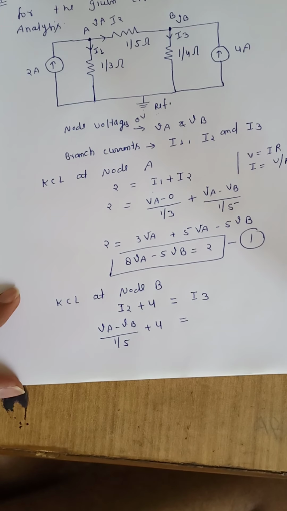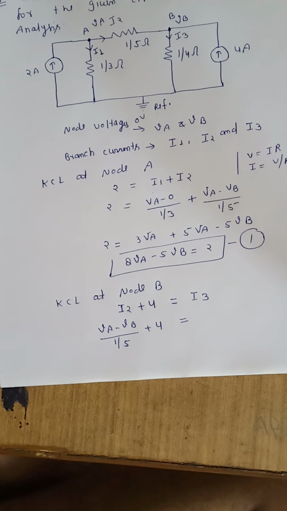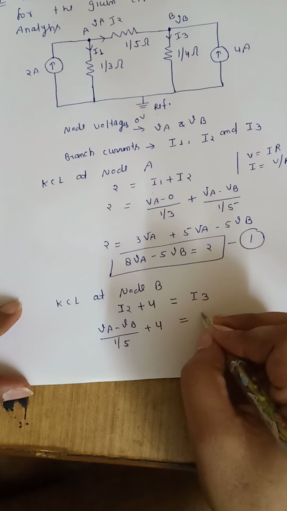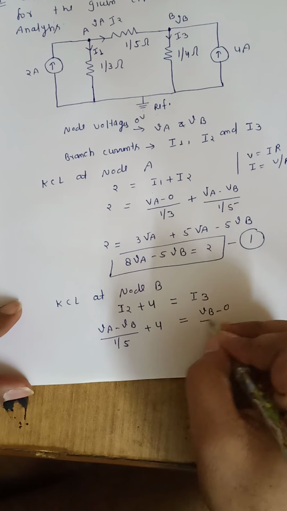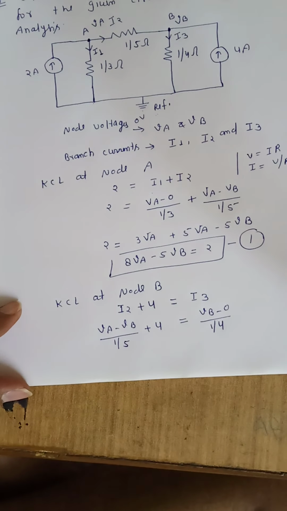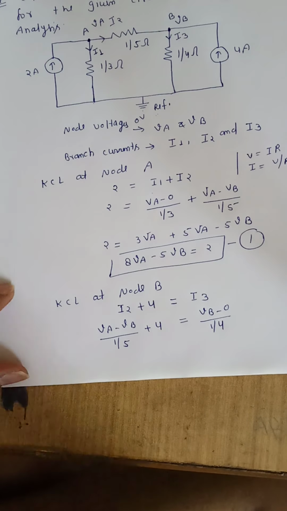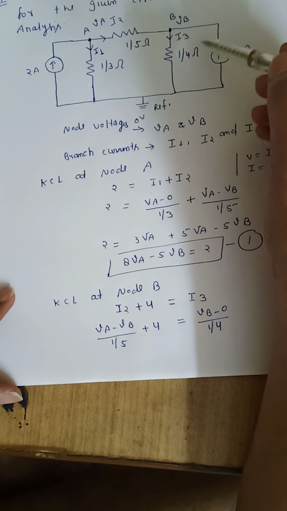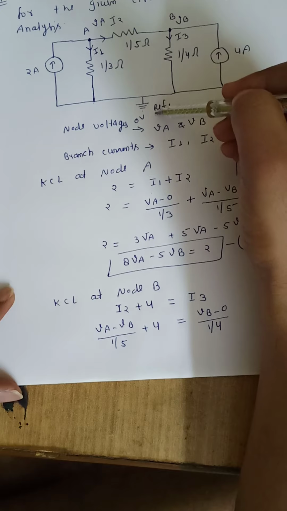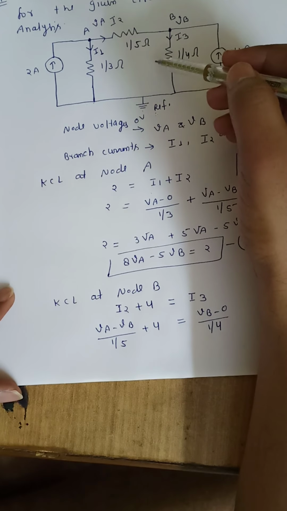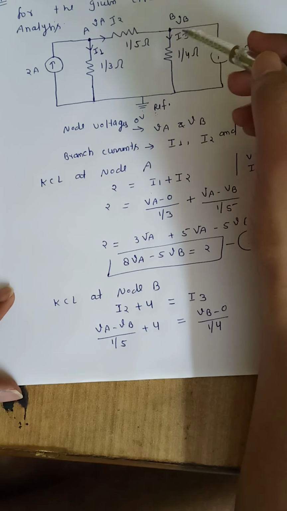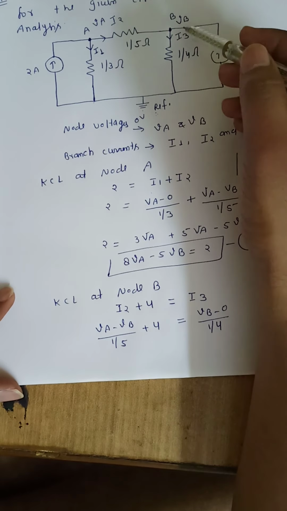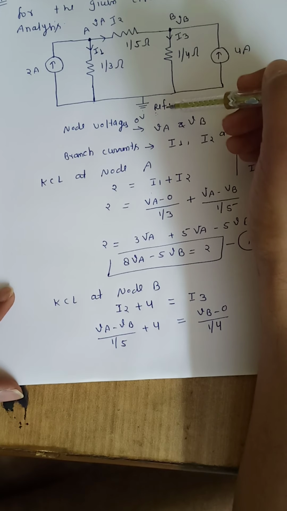According to Ohm's law, I3 is VB minus 0 divided by 1/4, because according to the diagram, the 1/4 ohm resistor is connected between node B and the reference node, and according to the direction of I3, we write the potential difference as VB minus 0.